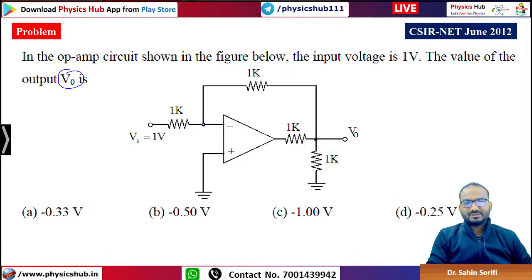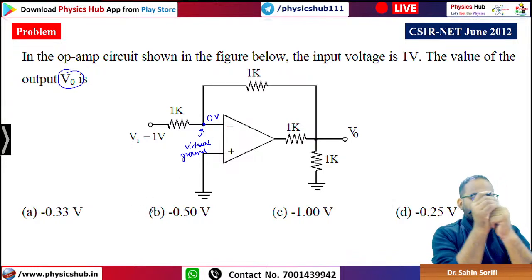So at this position you will get a virtual ground because of this negative feedback from this resistance. We will have a virtual ground here. Virtual ground means the voltage of this point will be 0 volt, right?